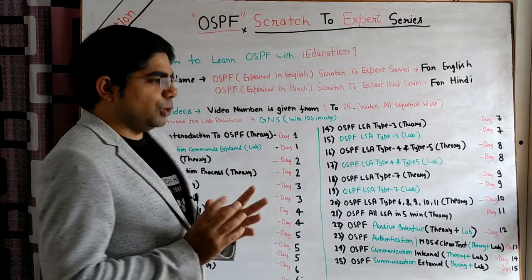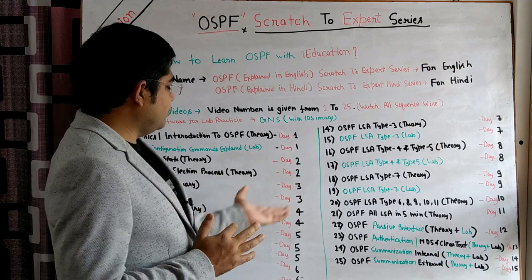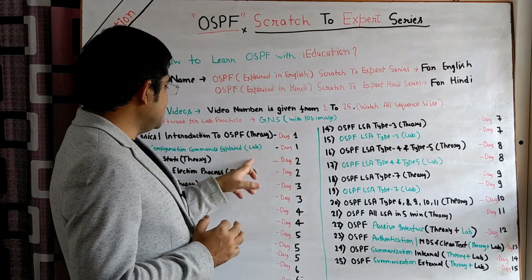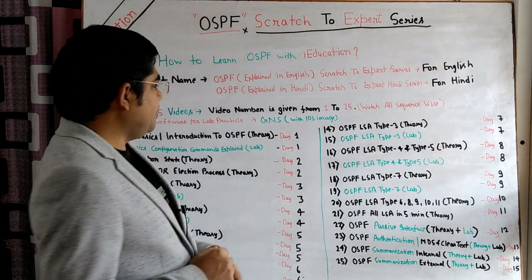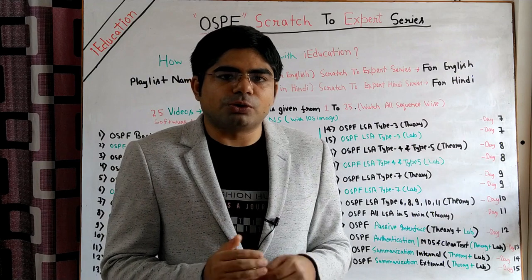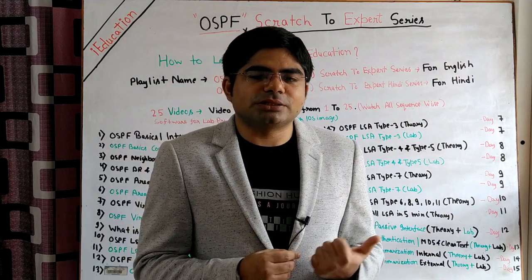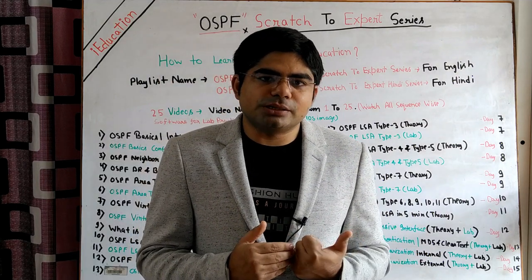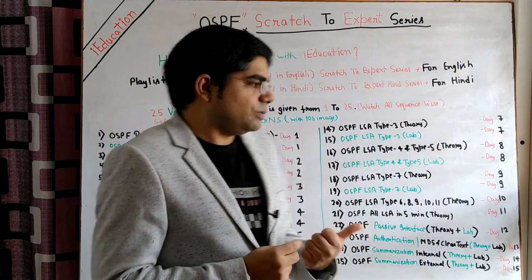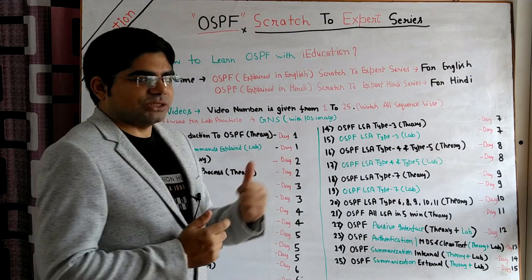If you want theoretical knowledge, you can watch all the videos which are theory classes. Whatever I have mentioned in green is for lab. For lab purposes you need to install GNS3 with an IOS image on your PC. You need this GNS3 software. Otherwise you can also work with Packet Tracer, but I recommend GNS3 with an IOS image.